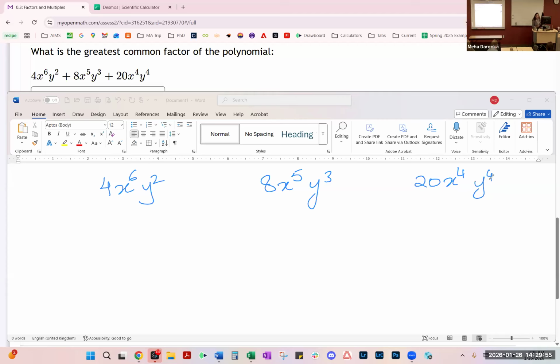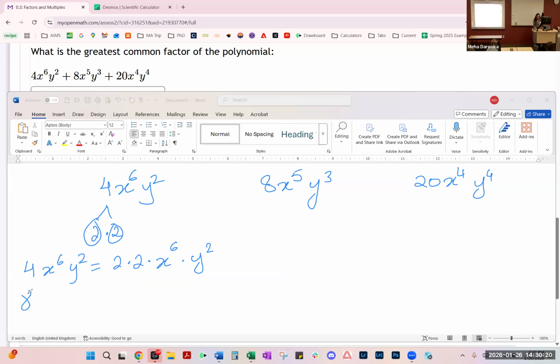and y. So in this case, I'll do the same thing that we did with LCM and break each of the numbers down into their prime factors. So you can see 4 will break down into 2 times 2, and then of course you have x to the 6th, y to the 2nd with that.